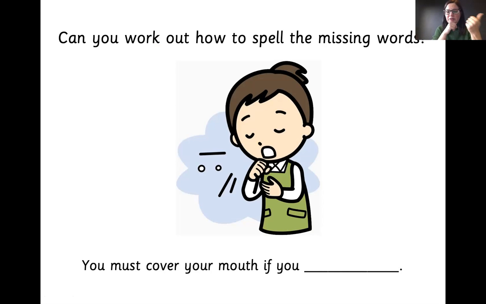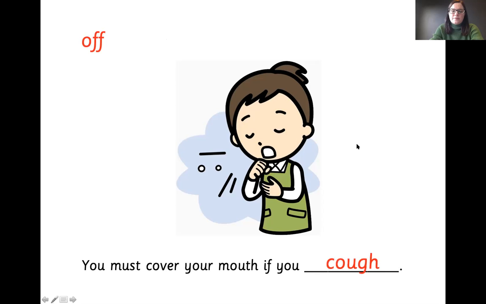We've got to decide whether it's a K or a C. I think it's going to be a C. And the cough, off. What 4 letters are we going to use to make the off sound in this word? O, you greedy hen, O-U-G-H. There it is. It makes the off sound, and you must cover your mouth if you cough.